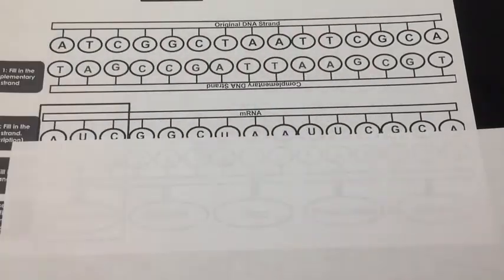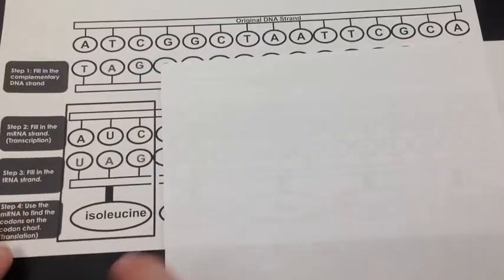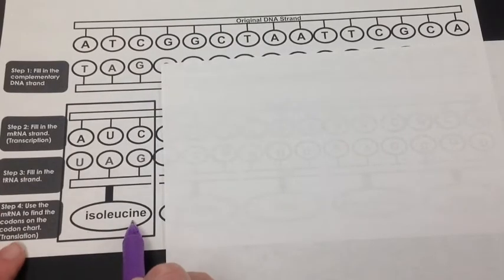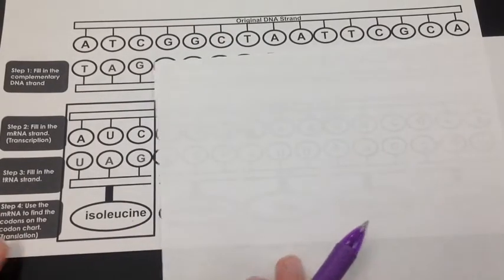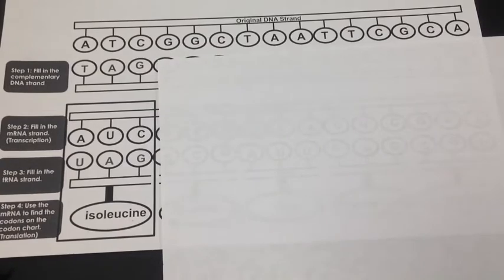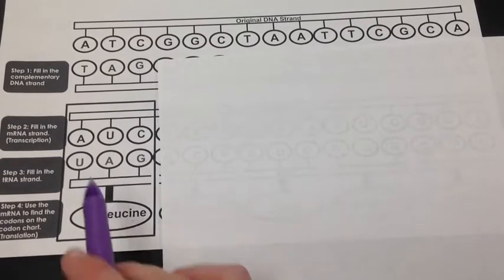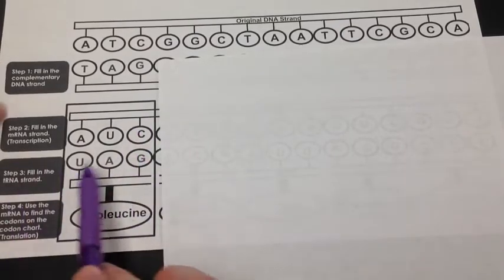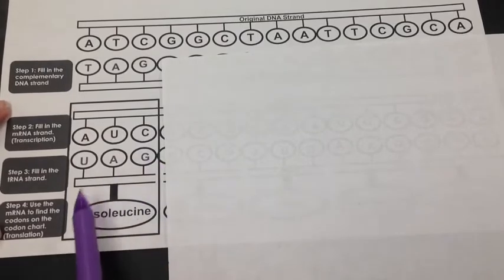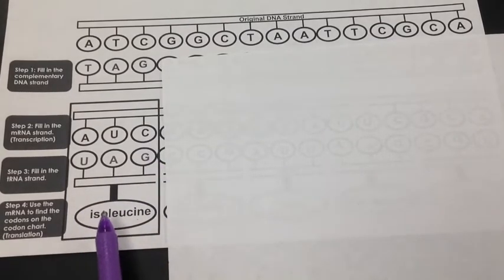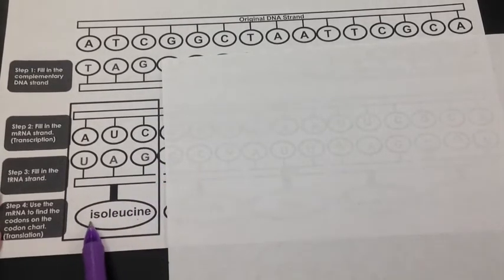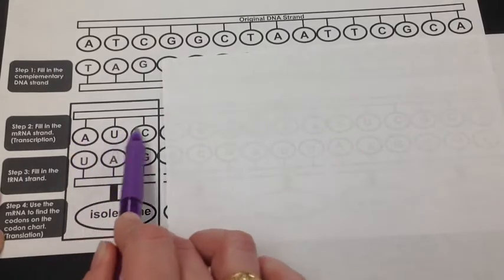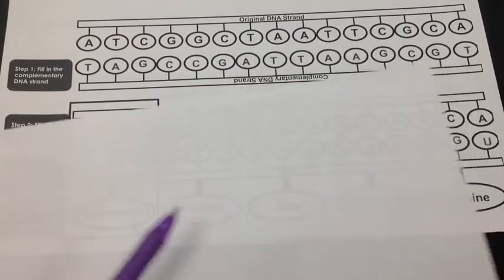So in this circle, you're going to put isoleucine. Now I know what you're thinking, Miss Lindley, how come we didn't use this one? Because this is tRNA. tRNA does not match our codon charts. So isoleucine matches AUC.